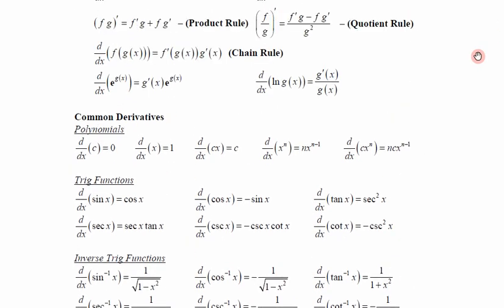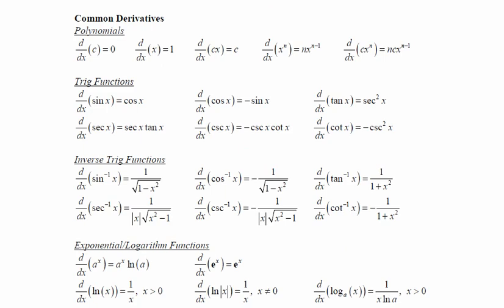So what are the common derivatives? First, the differential of any constant is 0. Differential of x with respect to x, suppose dy upon dy, again the same, 1, dz upon dz the same, 1. Now d upon dx of cx is equal to the constant c.